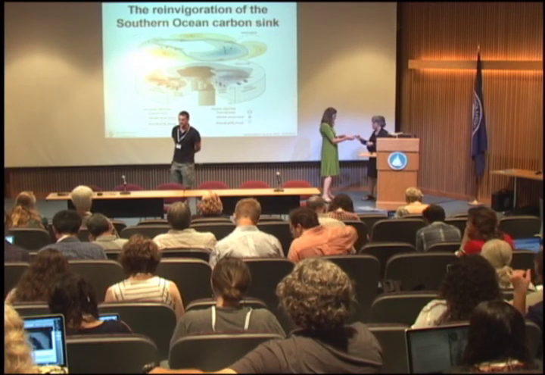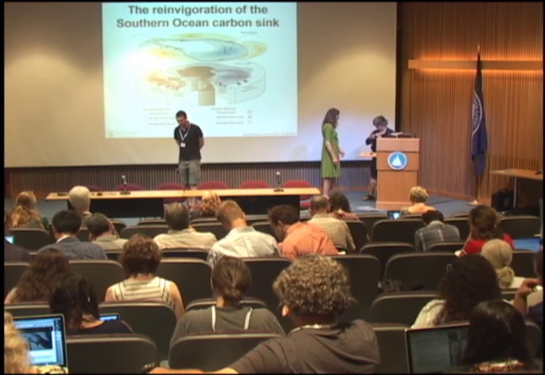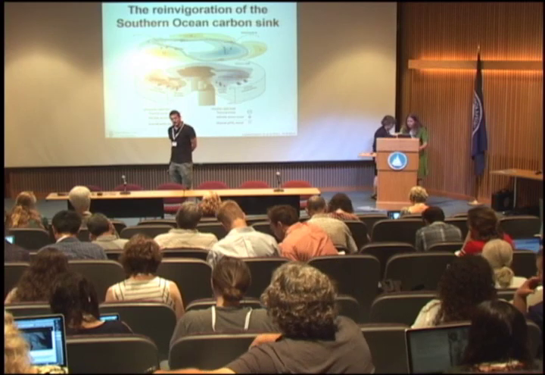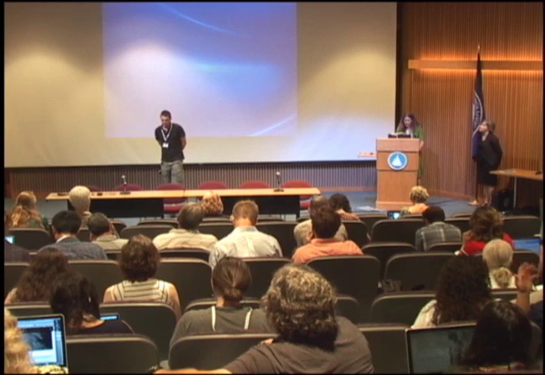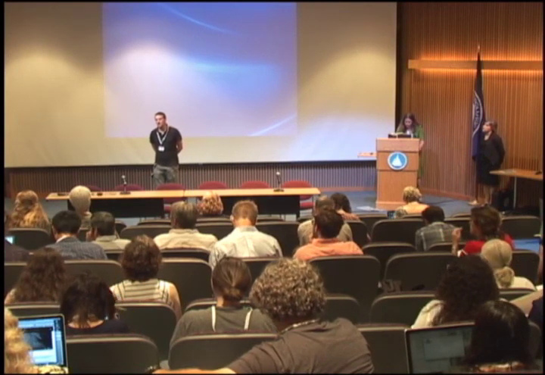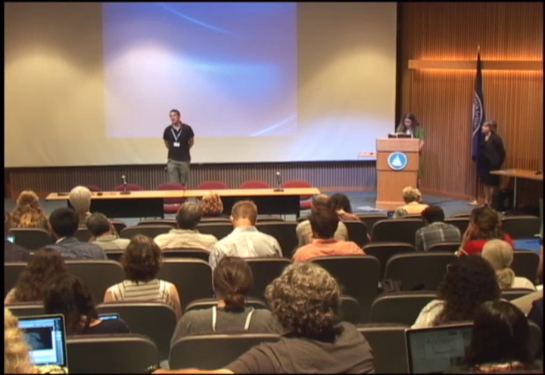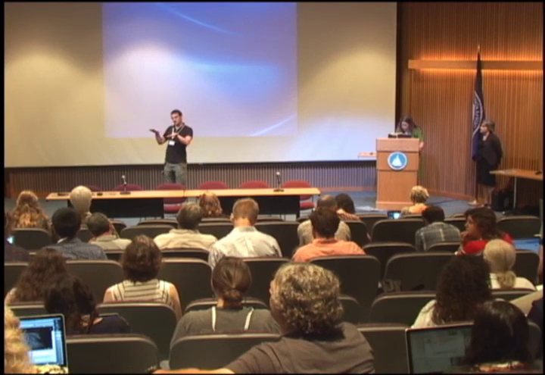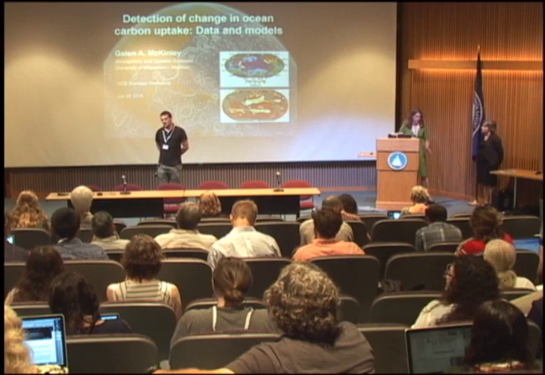Then to your second question about the wind speed, yes, it's not included in the neural network method itself. It would be worthwhile testing it, yes, to see if that would make a big change. No, exactly. This is what I was pointing out earlier when I showed you the delta pCO2. It's this disequilibrium that is the main driver of the Southern Ocean internal variability.